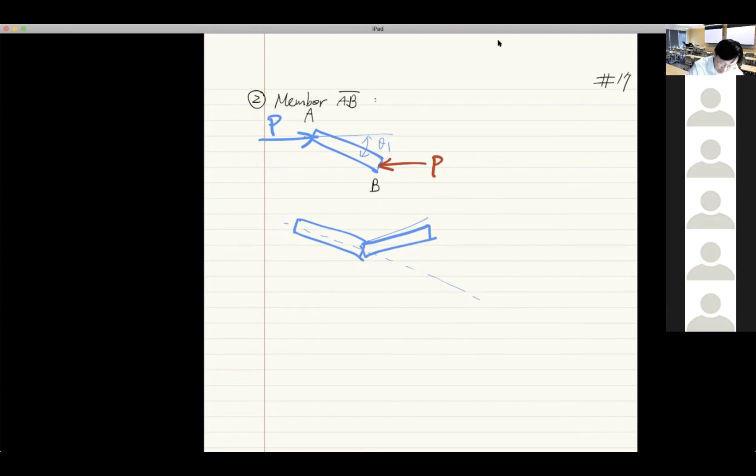And this angle is theta 1 minus theta 2. And right here, this is theta 1. But the actual amount of rotation is not theta 1 or theta 1 minus theta 2. The actual amount of rotation is from here to here. Would you agree? For member AB. Would you agree?